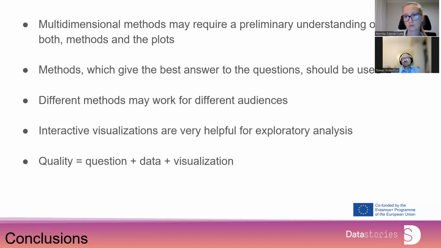And when you have a question and data, you have to choose the right visualization to answer your question. And when all these 3 things, question, data, and visualization method, agree, then you have a high quality visualization.